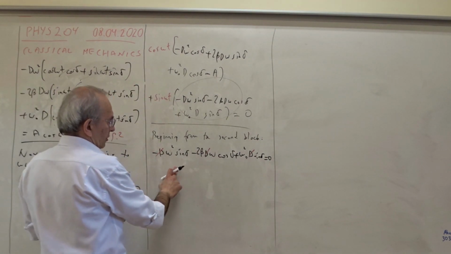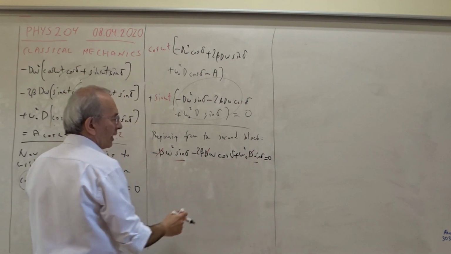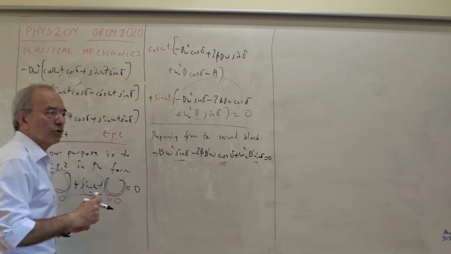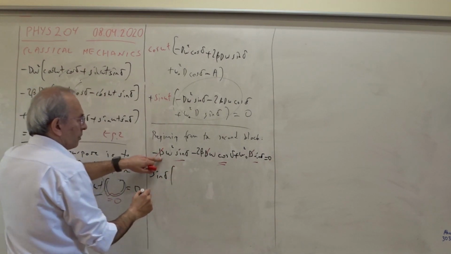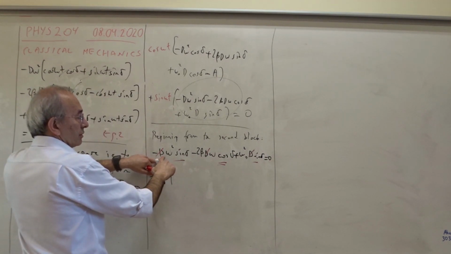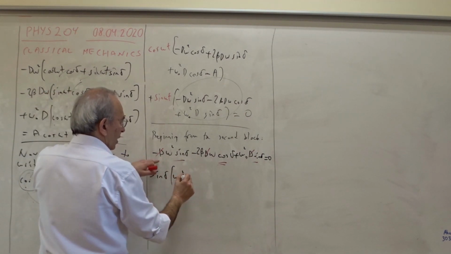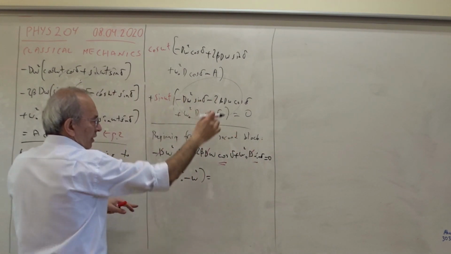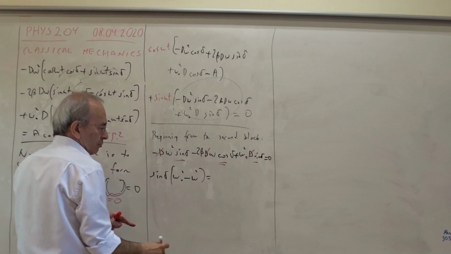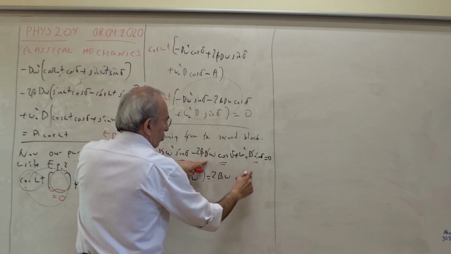What do we get here? We have two terms for sine delta, one term for cosine delta. So sine delta multiplied by omega 0 squared minus omega squared, and on the right hand side, this is passing by as a positive term, 2 beta omega cosine delta.